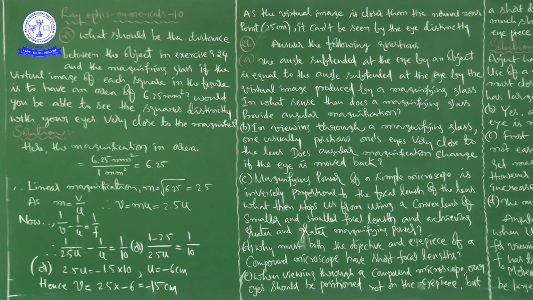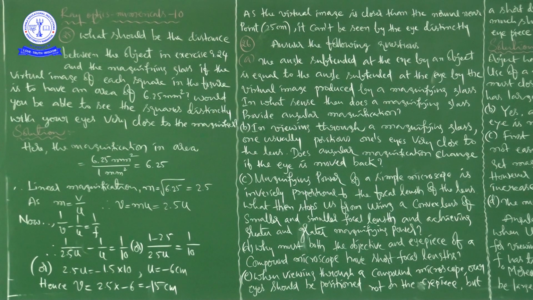So here we want to know the reason. So what is the reason? The virtual image is closer than the normal near point, that is less than almost 25 centimeters. This is the reason we cannot see it distinctly.